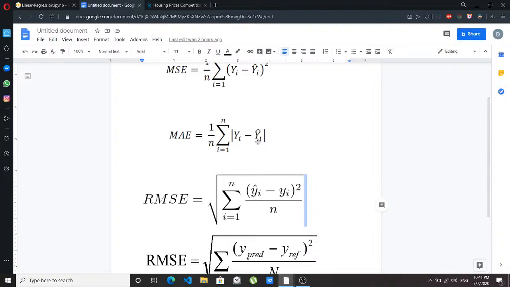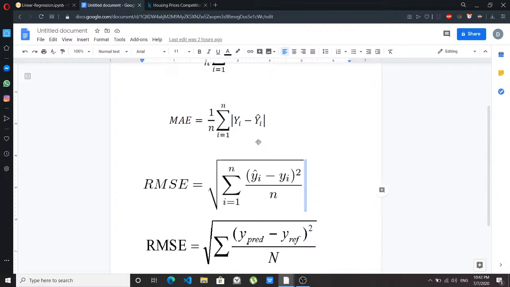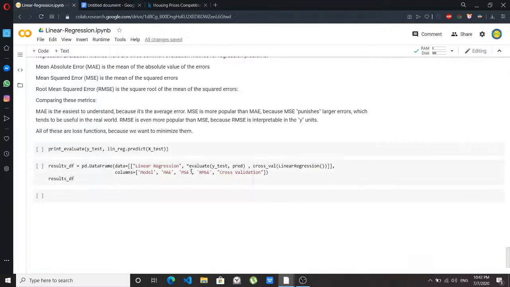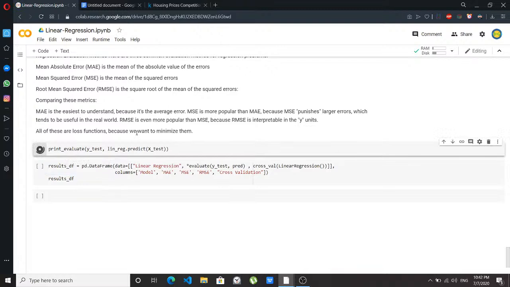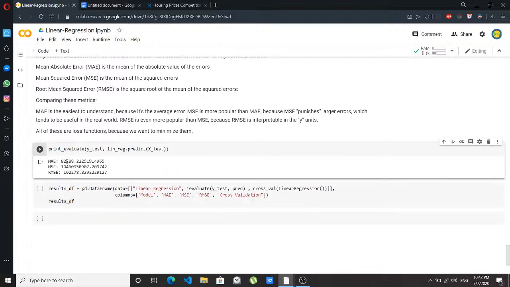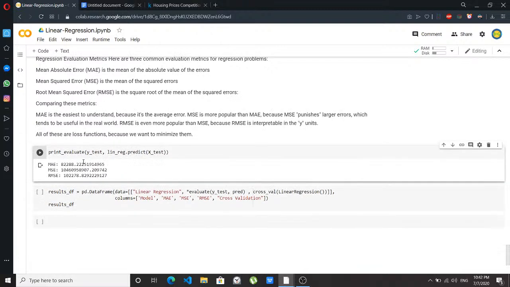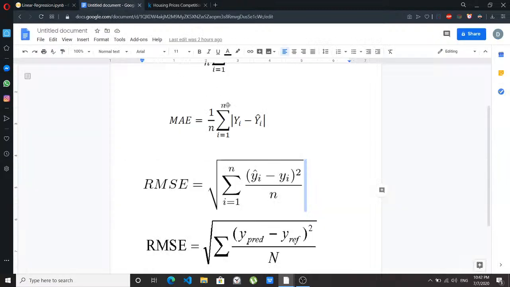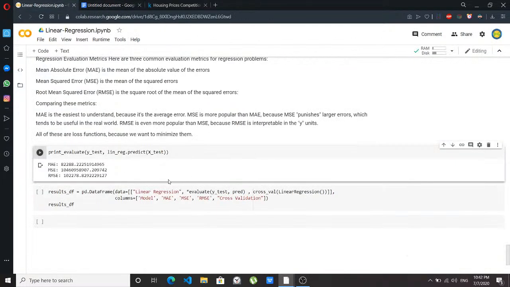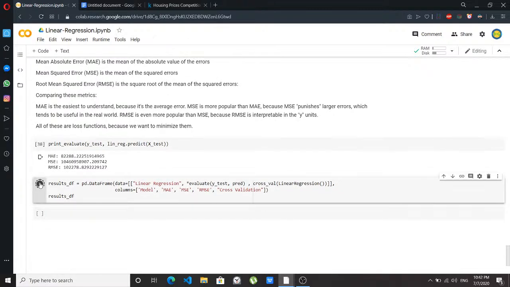The predicted value and the test value, the Y value we already know, should be very close. So all of these loss functions, we need to minimize them. So let's see. These are the predicted values, the difference. This seems to be a very high value, but according to the data, it is quite minimal.